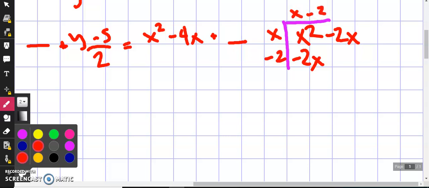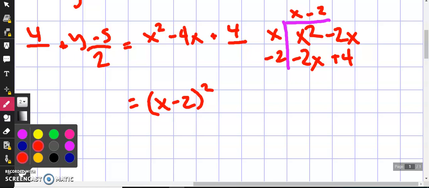And then when I factor my equation, I notice negative 2 and negative 2 multiplies to positive 4. So that's what goes into my missing value. From here, I'm going to factor the right-hand side of the equation. So the x squared minus 4x plus 4 becomes x minus 2 squared.